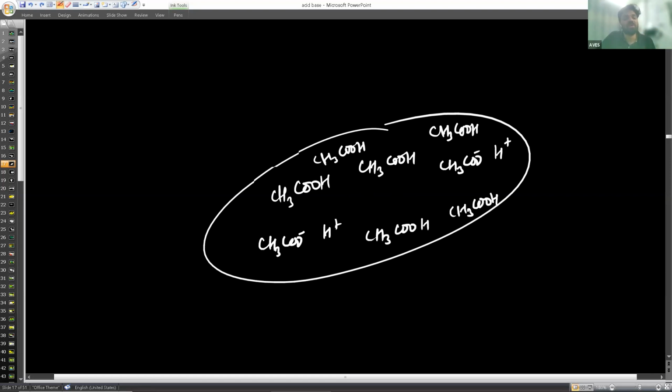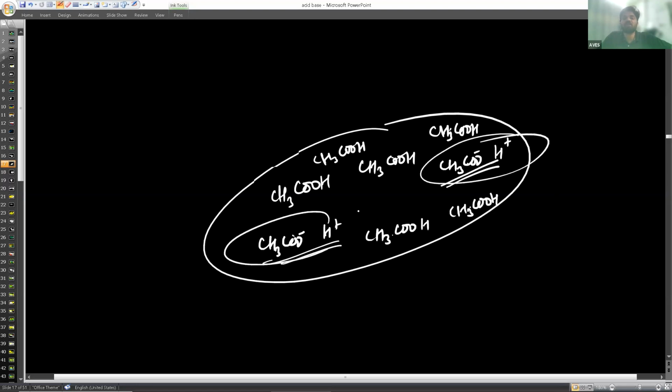There are how many molecules of acid? 1, 2, 3, 4, 5, 6, 7, 8. Out of 8, only 2 are showing the acidic property. The others are molecules of acid, but they are not showing the property of acid, because only if the molecule dissociates the H plus ion is it considered to be an acid and shows the property of acids.